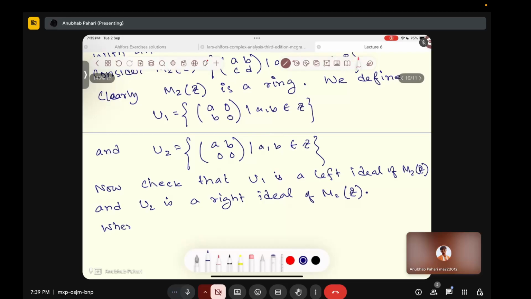Whereas U1 intersection U2 equals the matrices (a, 0; 0, 0), a belongs to Z.